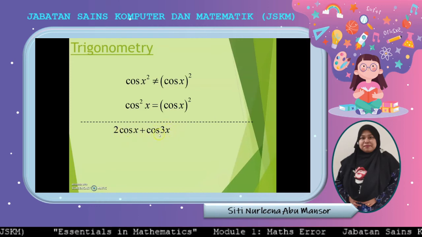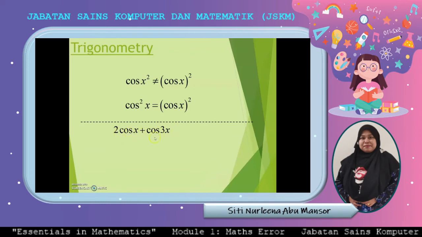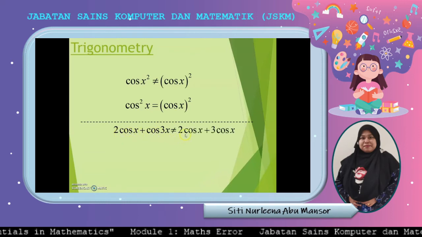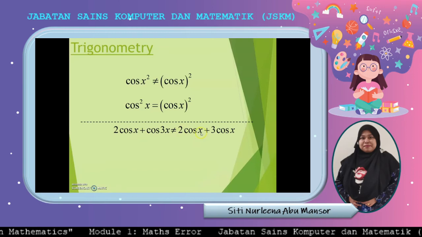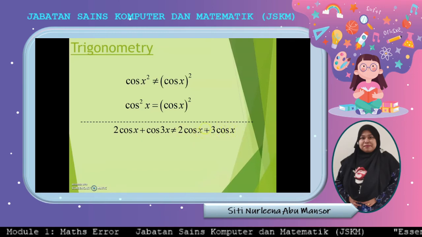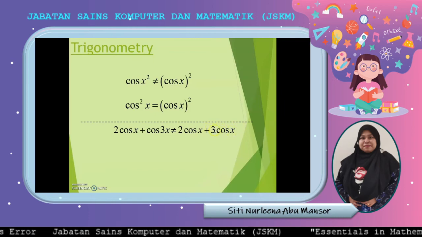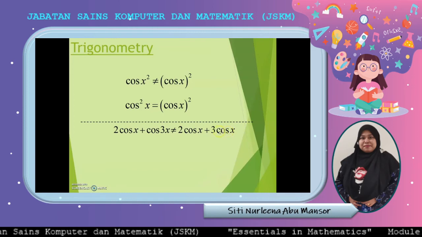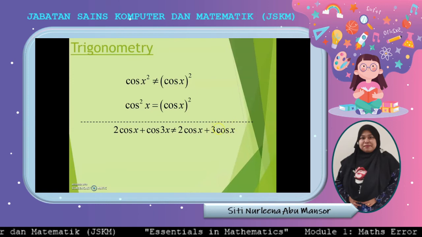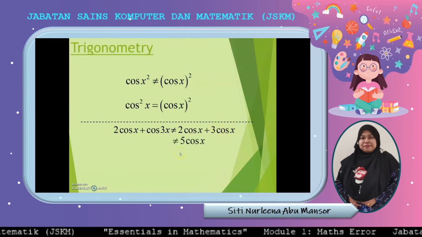So this is not the same, so it is not equal to 2 cos x plus 3 cos x. We can see that in the second part, the 3 is being factorized out of the trigonometric function.